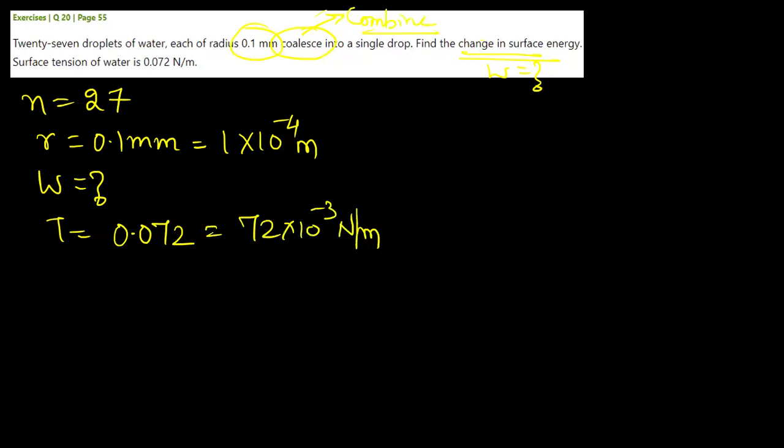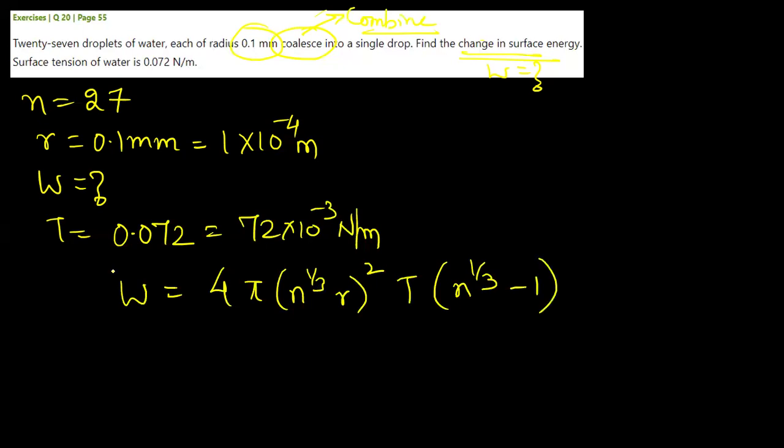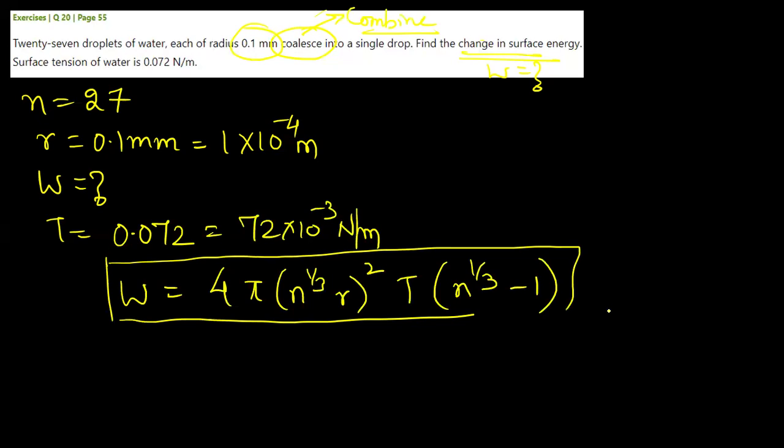When the drops combine to form a single drop, the work done is given by 4 pi n raised to 1 by 3 r square T, into n raised to 1 by 3 minus 1. You will have to directly remember this formula. It is very helpful for entrance exams also, because we have similar type questions there. Mostly in CET, they have asked this type of question.